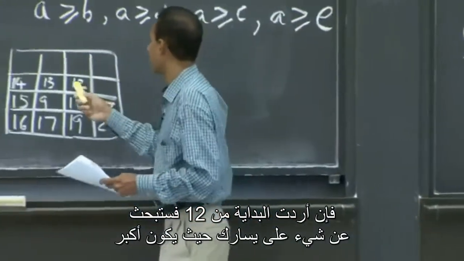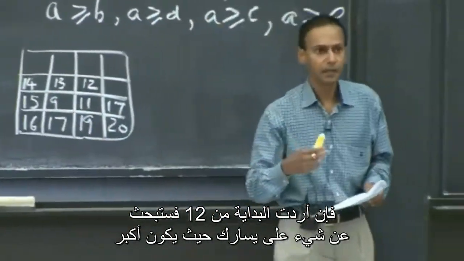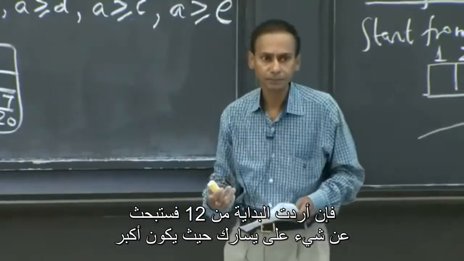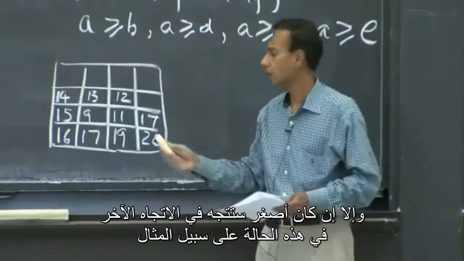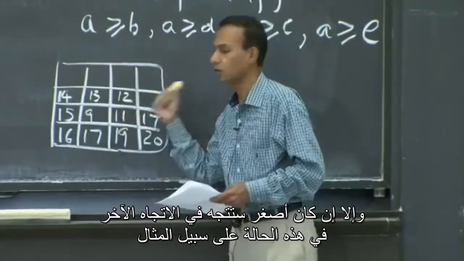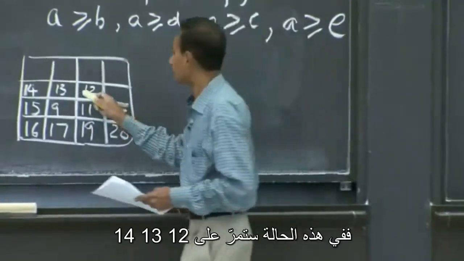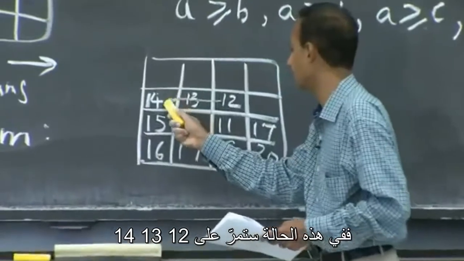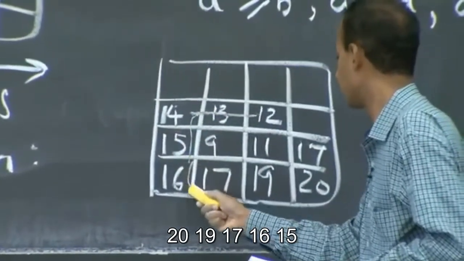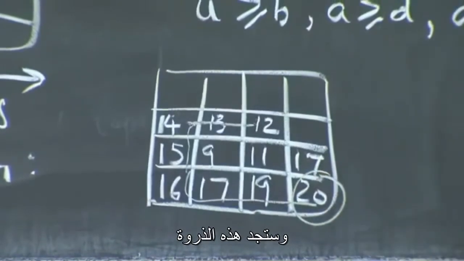If you start with 12, you look for something to your left, and if it's greater, you follow that direction. If it's less, you go in the other direction. In this case, you'll go 12, 13, 14, 15, 16, 17, 19, and 20, and you'd find this peak.